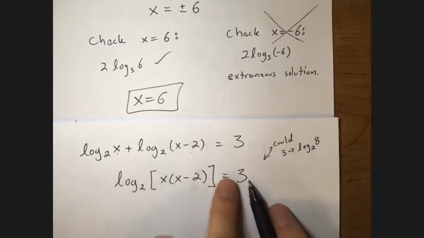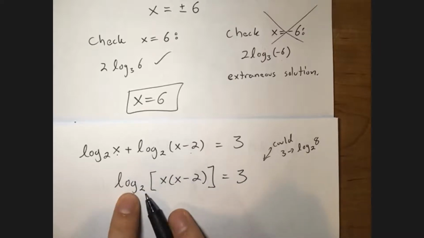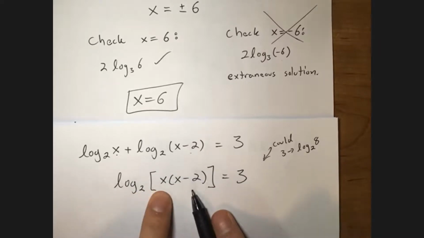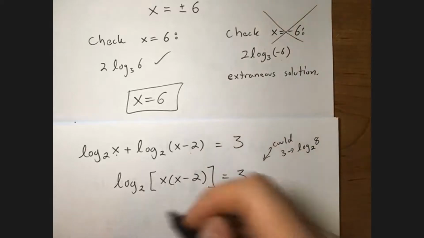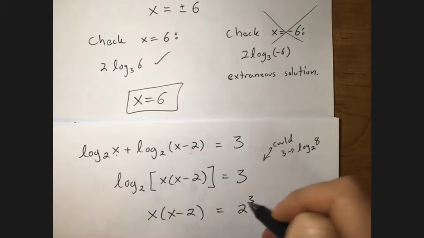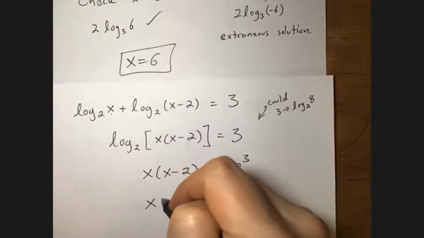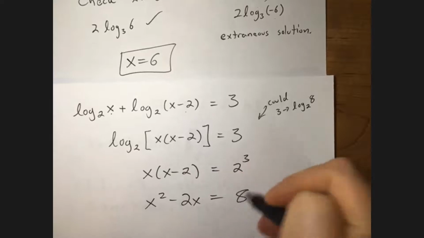The log, which is 3, is the exponent on the base that gives this. So in other words, x times x minus 2 equals 2 cubed. So x squared minus 2x equals 8.